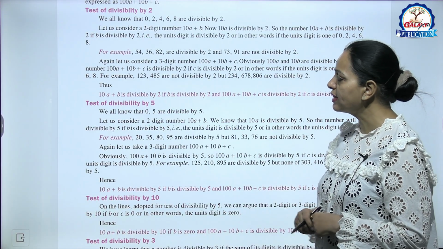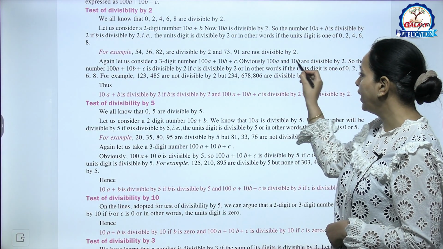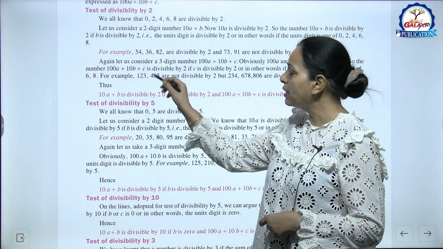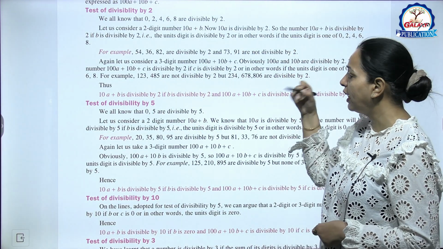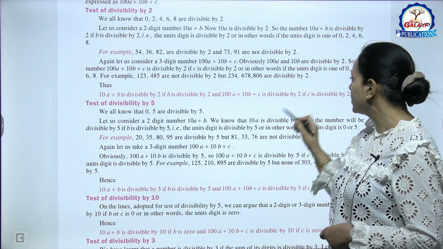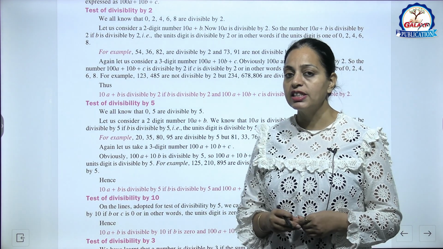Now again let us consider a 3-digit number 100a plus 10b plus c. We know 100a and 10b are divisible by 2. So the number 100a plus 10b plus c is divisible by 2 if c is divisible by 2, means again the unit digit is divisible by 2. So if the unit digit is 0, 2, 4, 6 or 8, then the number is divisible by 2.